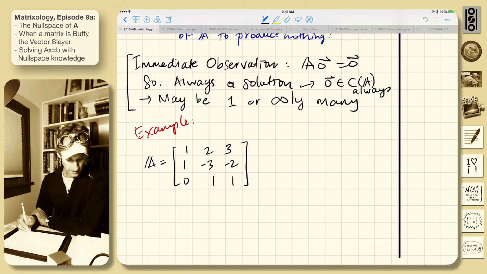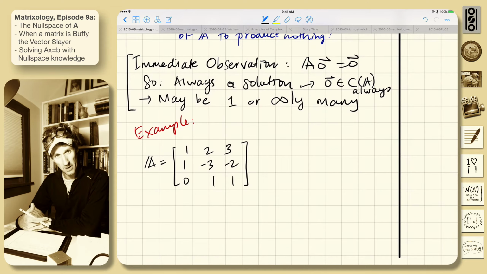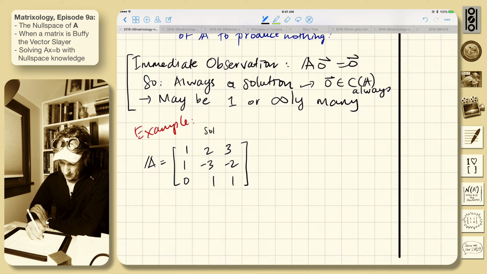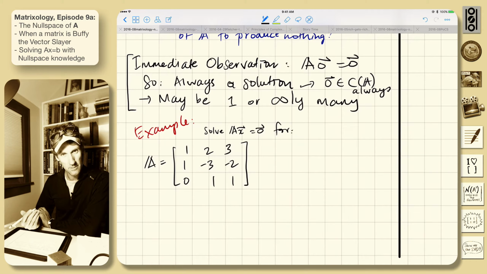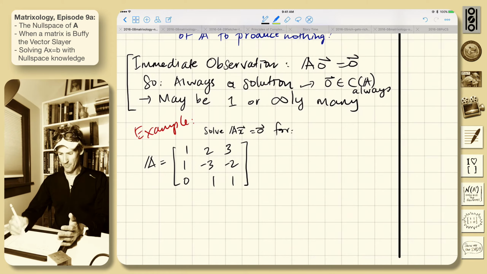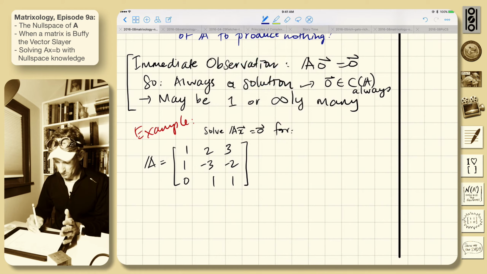And again, B equals 0. So we're solving AX equals 0 for this. Let me annotate this properly.